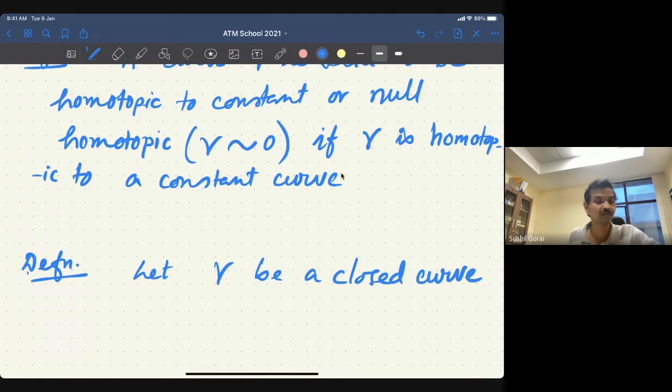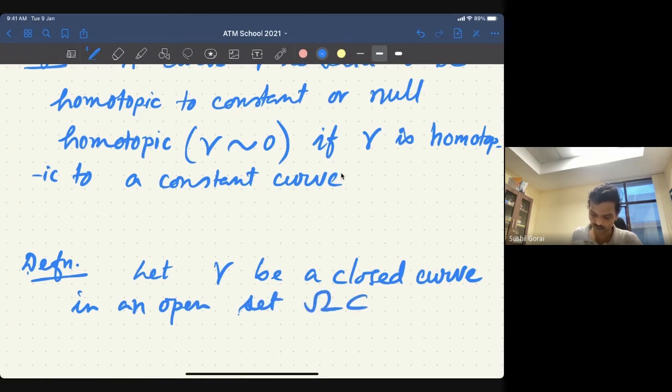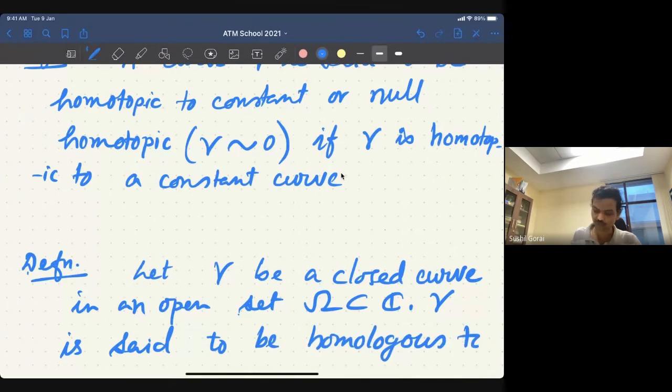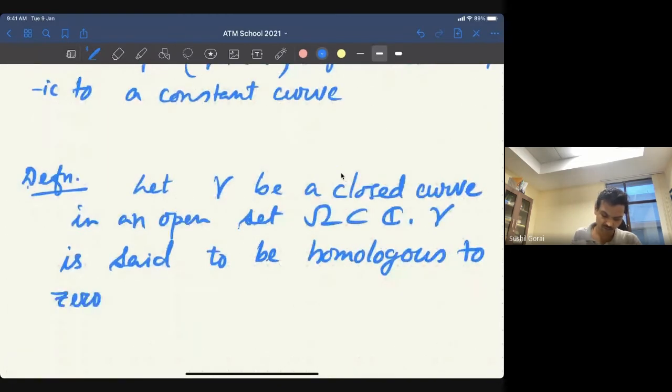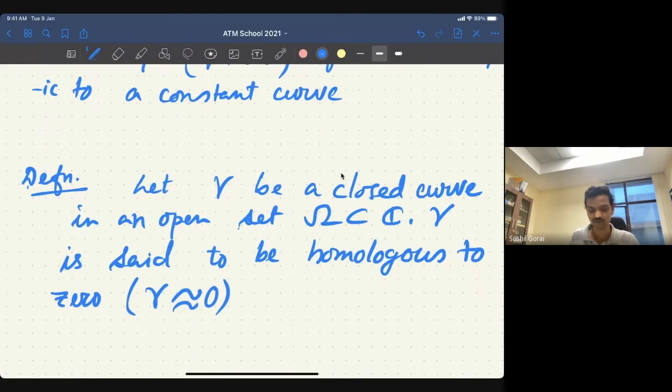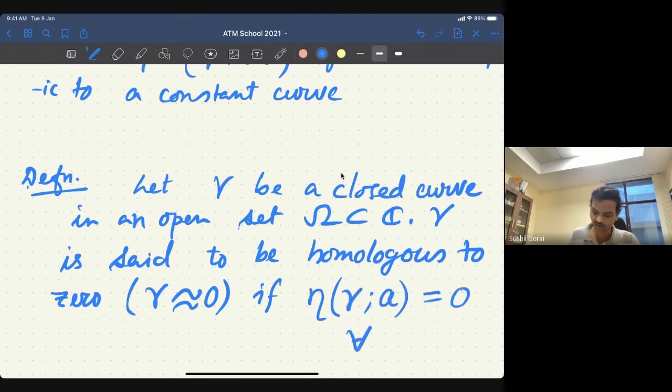Let gamma be a closed curve in an open set omega in C. Gamma is said to be homologous to 0 if the winding number of gamma with respect to any point A is 0 for all A in C minus omega.